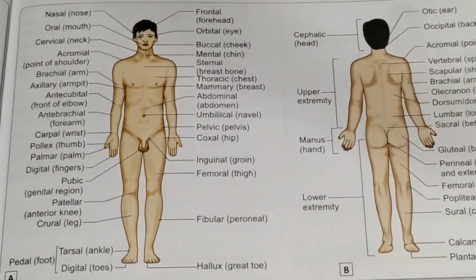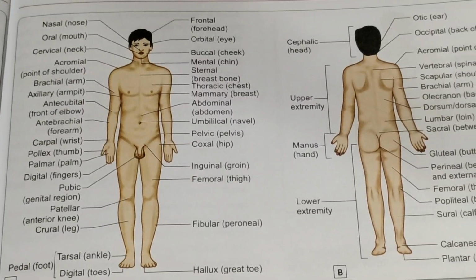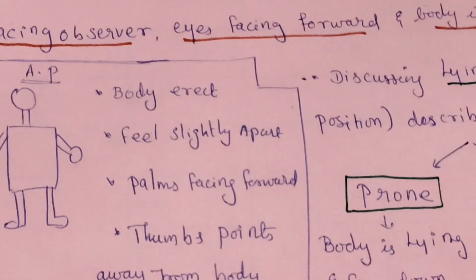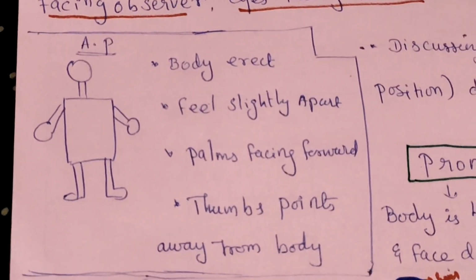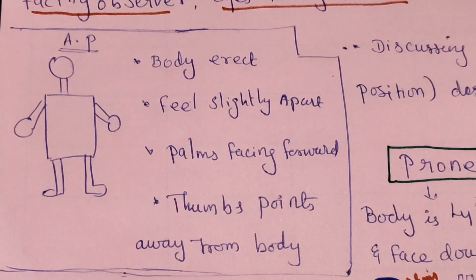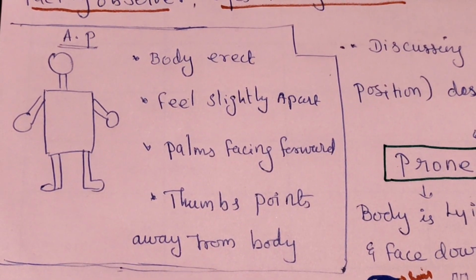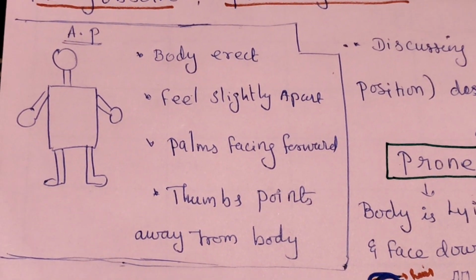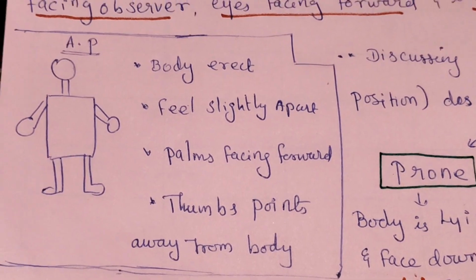This is the anatomical position: body erect, feet slightly apart, palms facing forward and thumbs pointing away from the body. Like this.